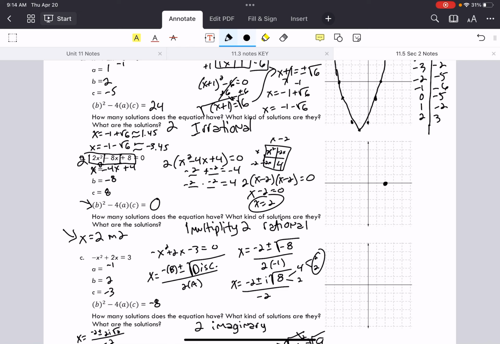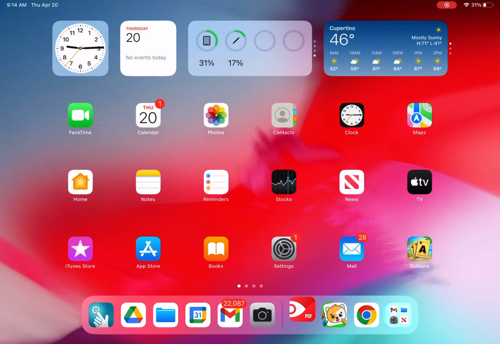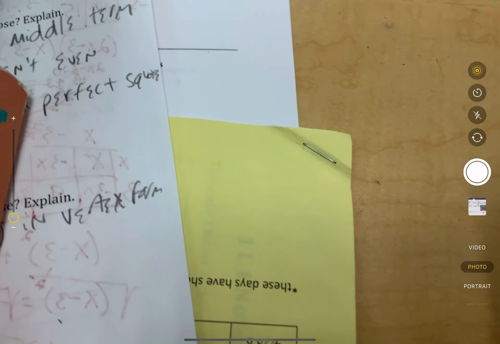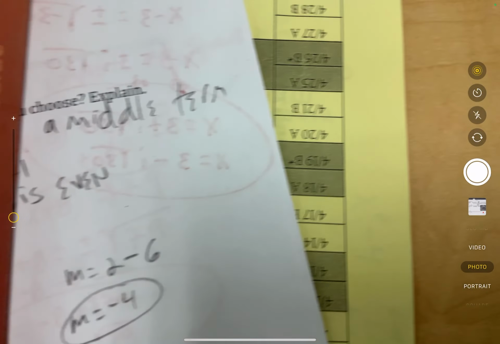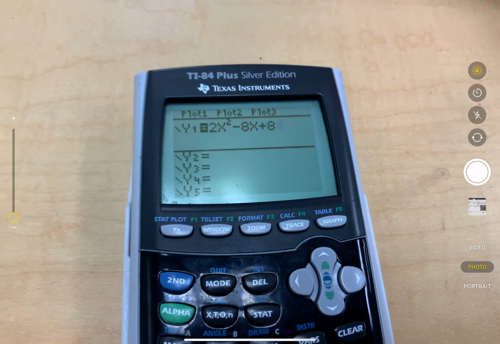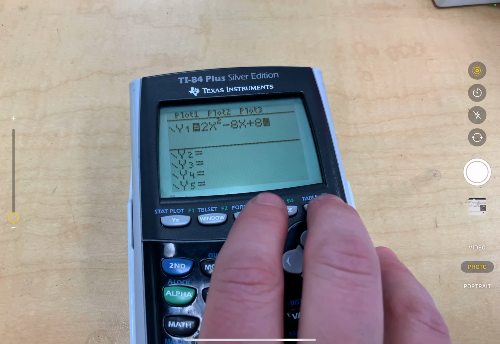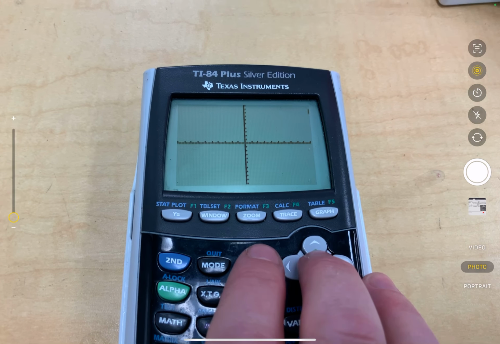So, we're going to come back and go back to your y equals. And we're going to graph the next one. Oh, here we go.